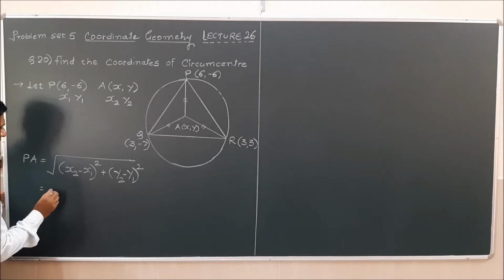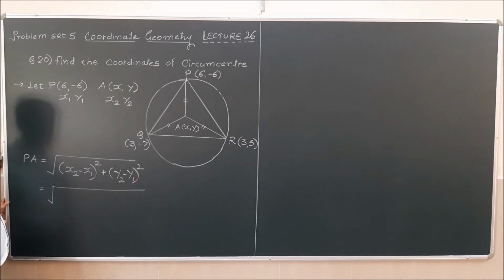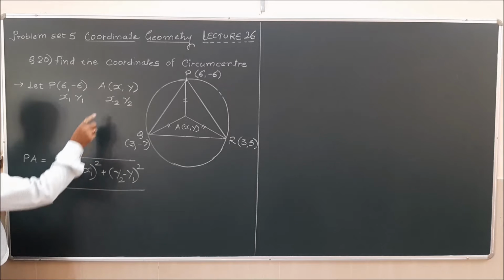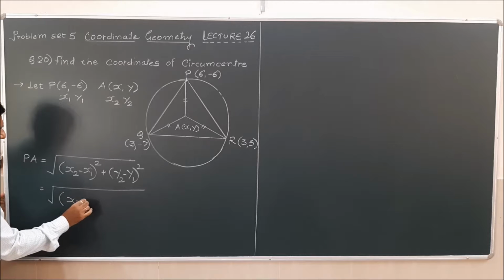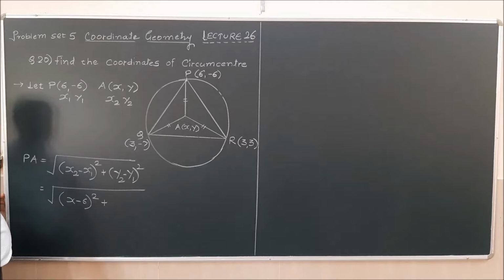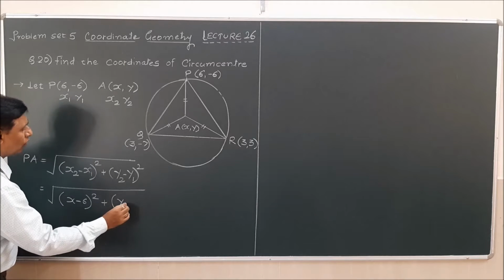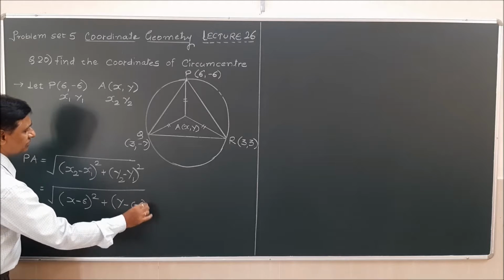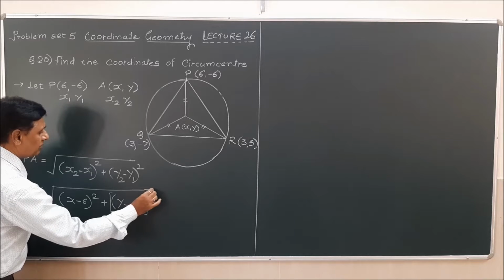I am finding PA, which is the radius of the circle. x2 minus x1 is (x minus 6) the whole square, plus y2 minus y1, here we have to be careful, y minus of minus 6, the whole square.